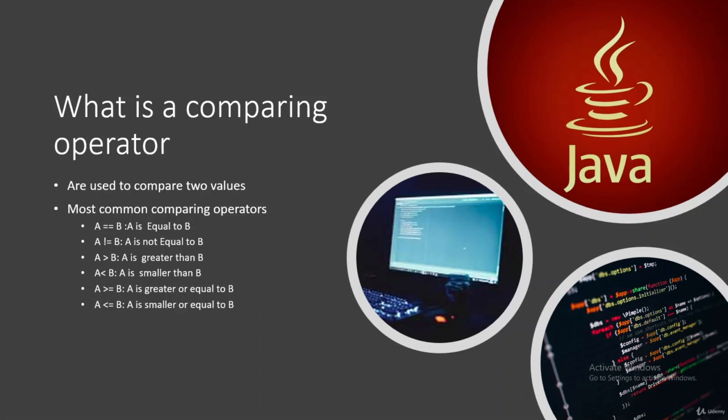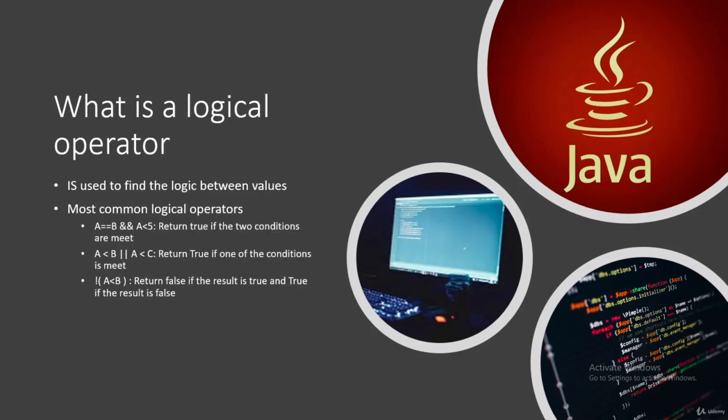It's there to compare two values together. And you probably guessed it, the last one is to verify if a variable is smaller or equal to another variable. This is the last sign. Those are the main comparing operators that we are going to work with in the next few classes. We're going to program them.